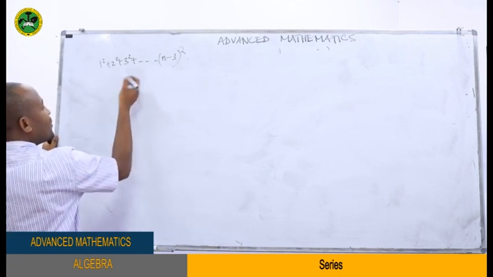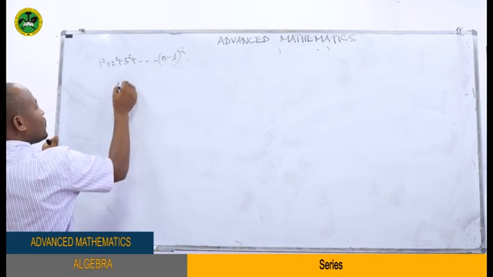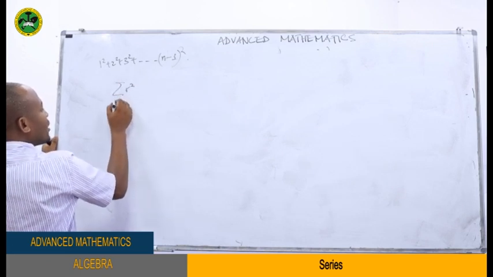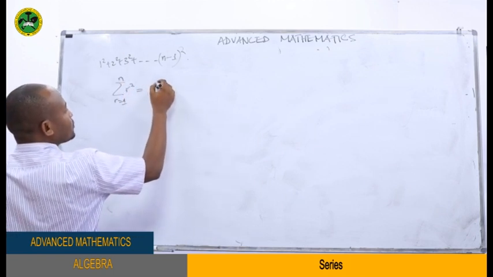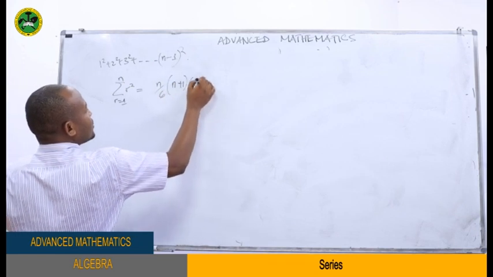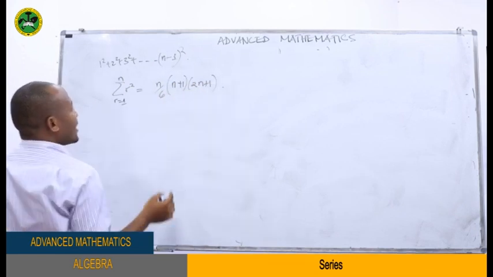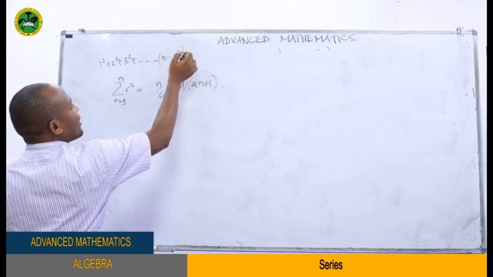It's fairly easy. Remember the formula to find the sum of square terms. It says the summation of r square from r equals 1 to n equals n over 6, then n plus 1, then 2n plus 1. But remember our n there is n minus 1.